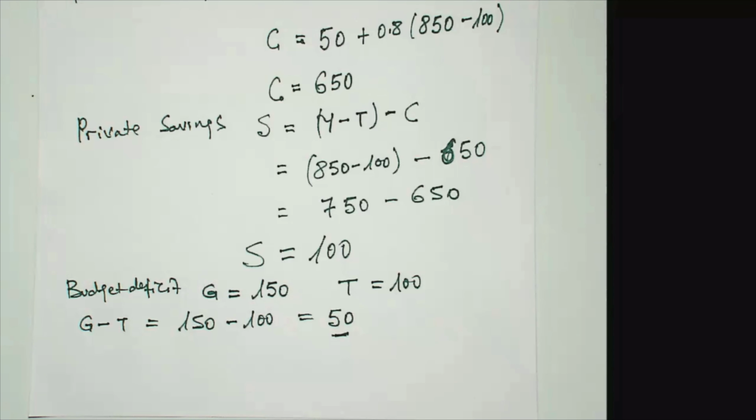The private savings are used to finance investment and the budget deficit. So the private savings of 100 units are going to be used to finance 50 units of investment in the form of corporate bonds and 50 units of government budget deficit in the form of government bonds in our case.